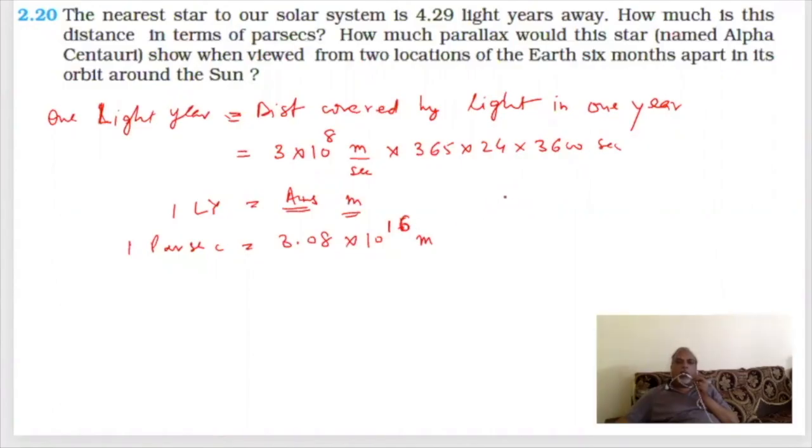In 4.29 light years, into this answer, divided by 3.08 into 10 raised to 16.